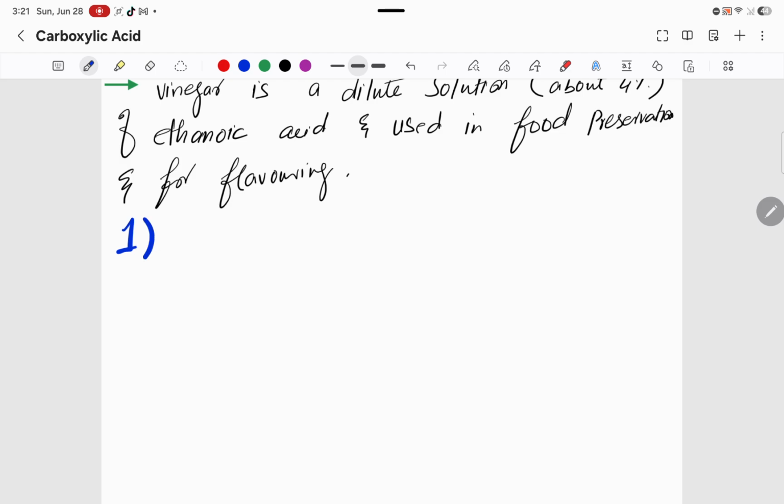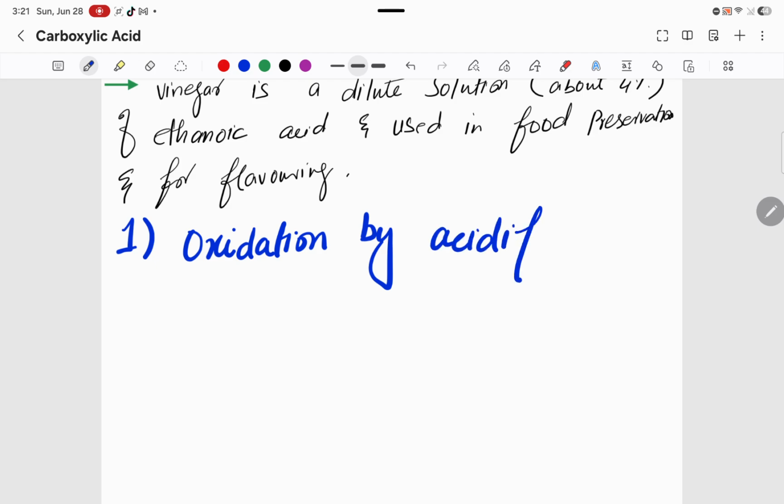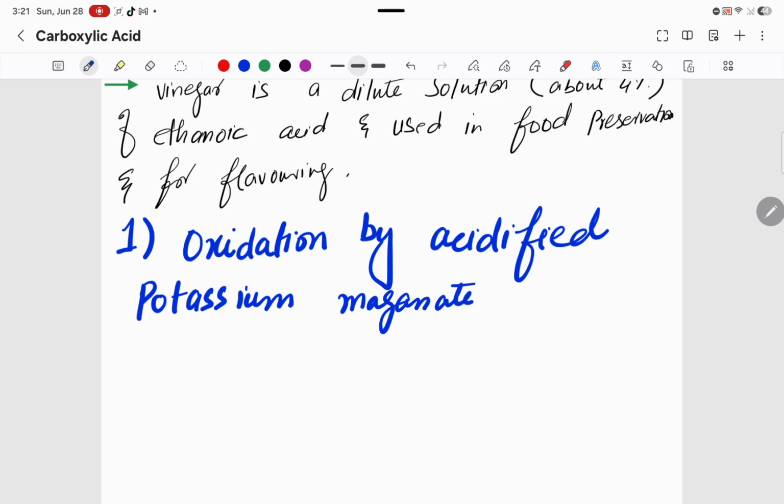Number one is oxidation by acidified potassium manganate 7.